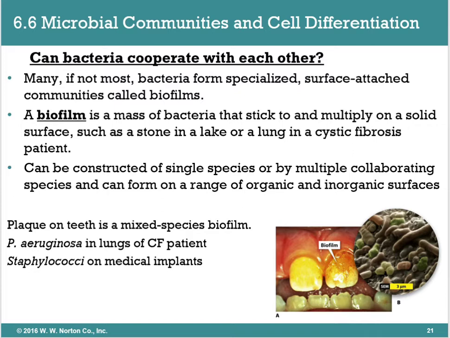We dabbled a little bit in this, but a biofilm is a mass of cells that stick and multiply on a surface. An example of that is plaque. If you have excessive plaque, that is considered a biofilm, as well as the stickiness within a cystic fibrosis patient.